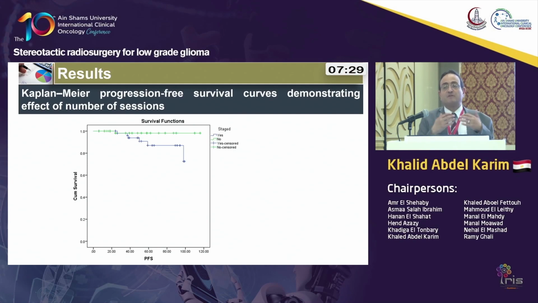We had adopted this concept for larger tumor. We are not making multi-sessions to the whole volume, but we have staging the volume, part of the tumor to the full dose, and after few months, another part of the full dose to decrease the edema and decrease the side effect.